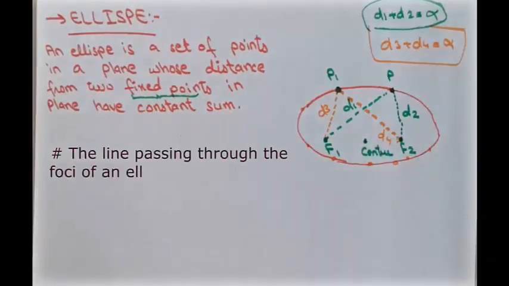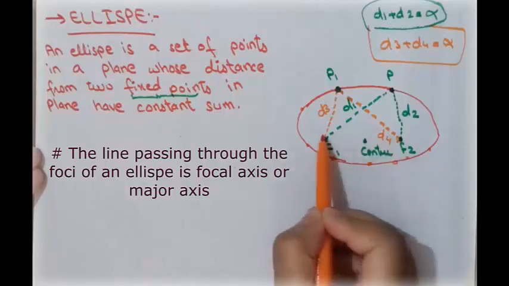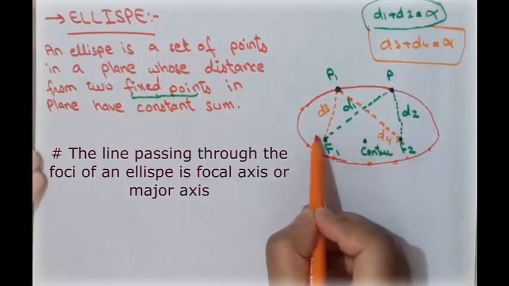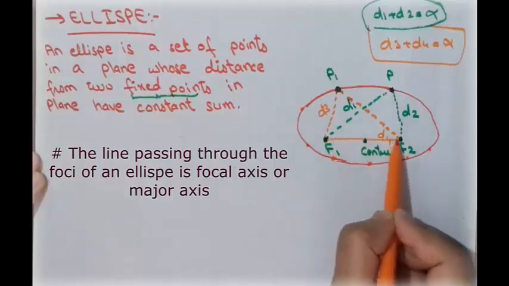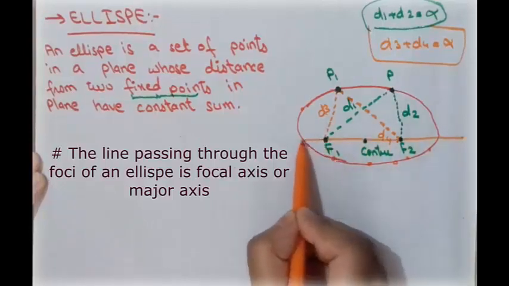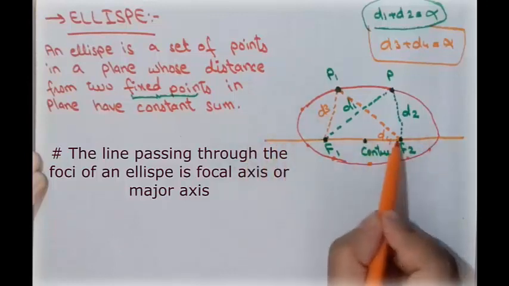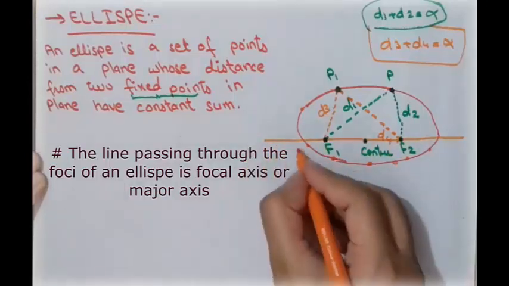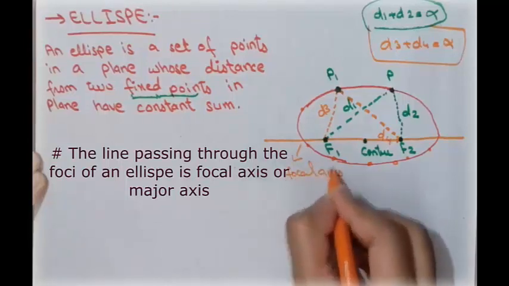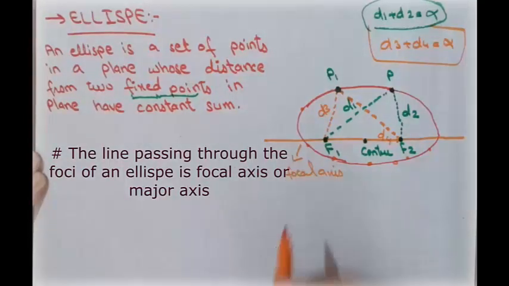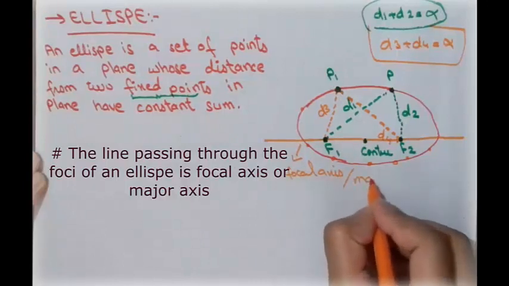Secondly, the line passing through the foci of the ellipse is called the focal axis or the major axis. We sometimes say focal axis, but frequently we use major axis.